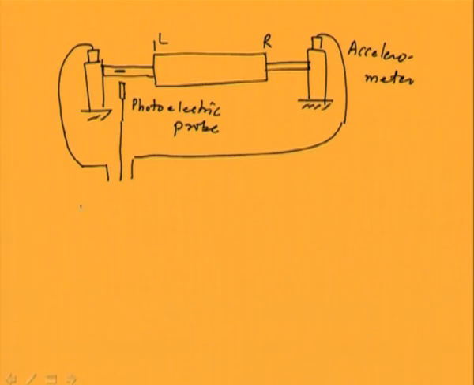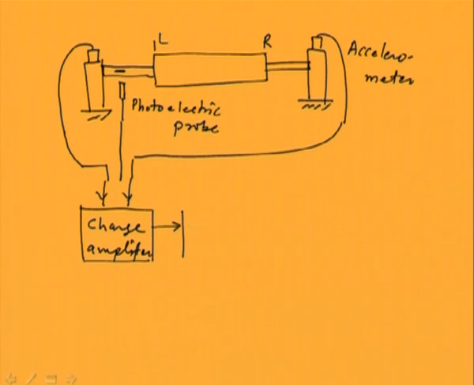We can have a charge amplifier, which will not only condition the signal, we can even integrate the signal with it, and the signal can be given to the vibration meter, which gives the acceleration, velocity or displacement magnitude.